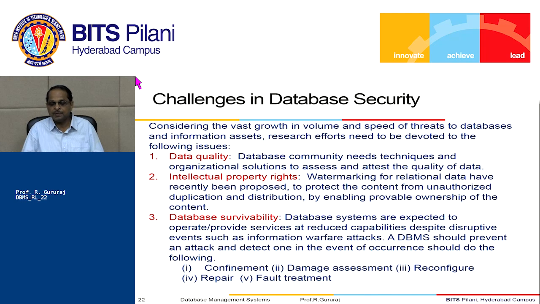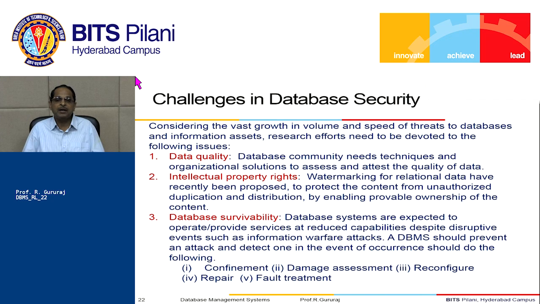A database management system should prevent an attack and, in the event of one occurring, should detect it and do the following. The best thing is to prevent the attacks. Otherwise, detect them appropriately and then take appropriate measures to reduce the damage.